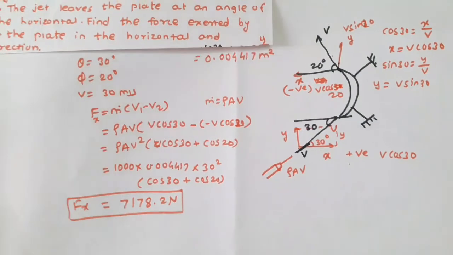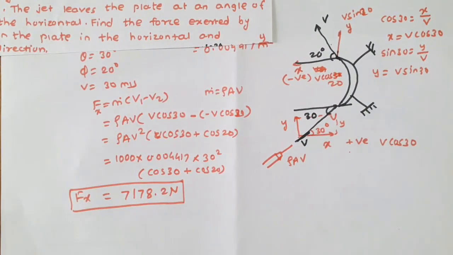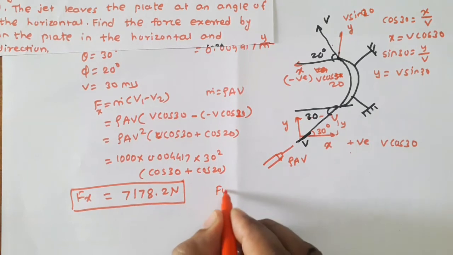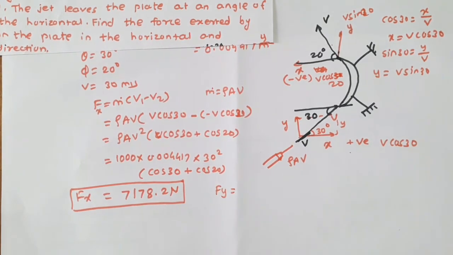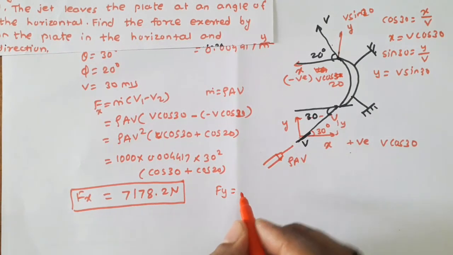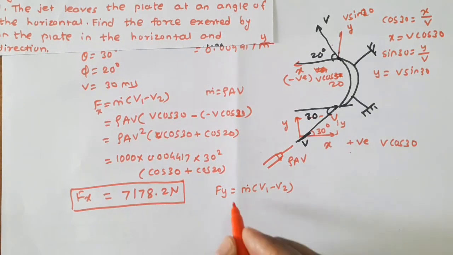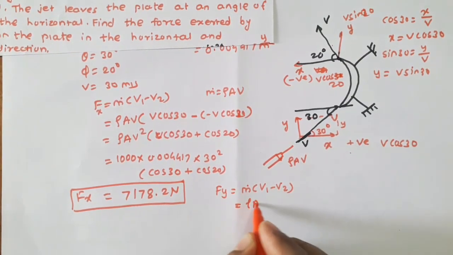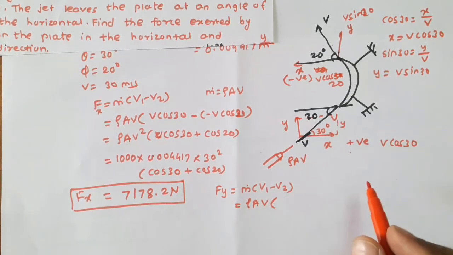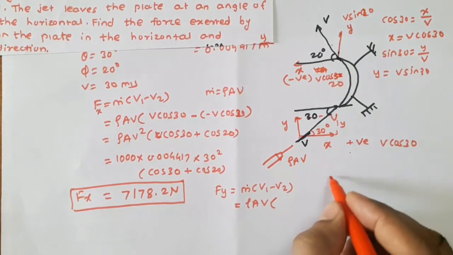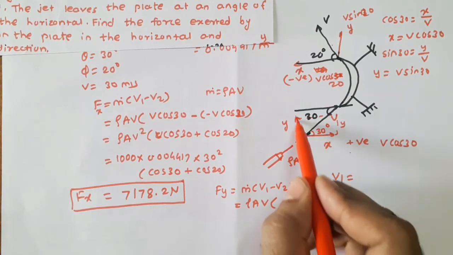Now we will calculate the Fy force. Again we can calculate the Fy force by using the impulse momentum equation. Fy is m dot times (v1 minus v2). Again the m dot quantity is rho A V. Now in this case the v1 value is the y direction velocity.